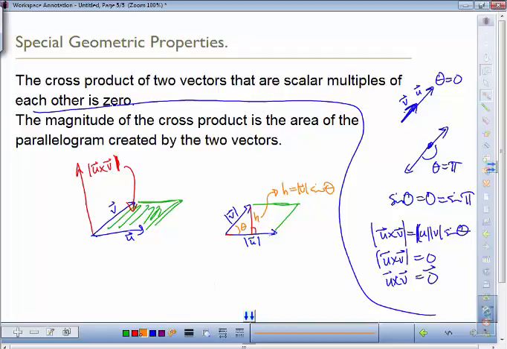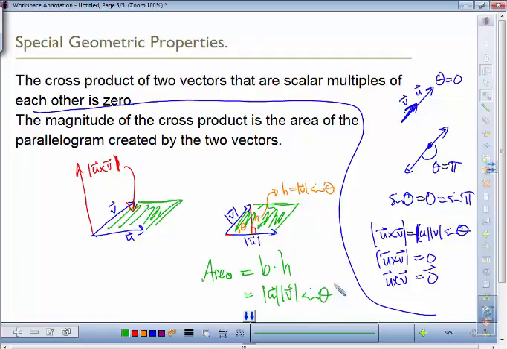And so the area of this whole parallelogram is base times height. The base was the magnitude of U, and the height was the magnitude of V times the sine of theta.